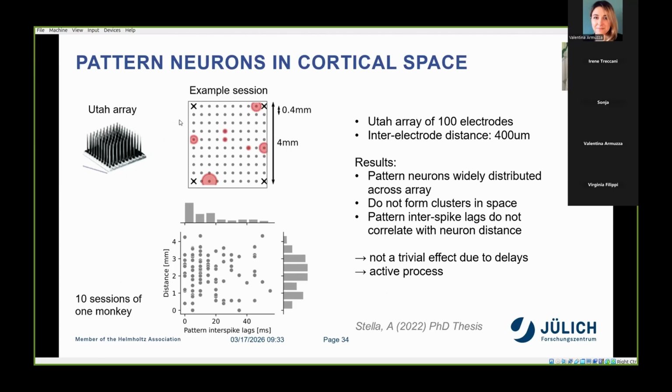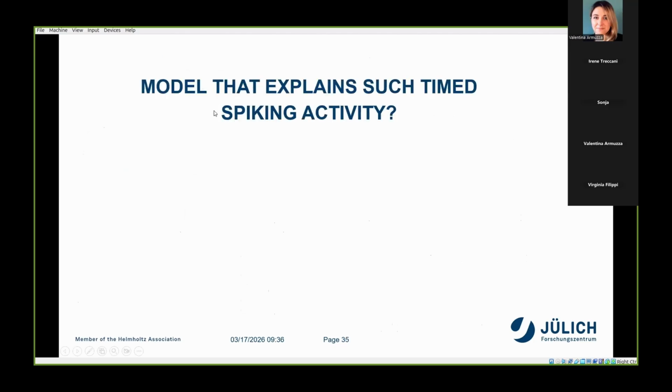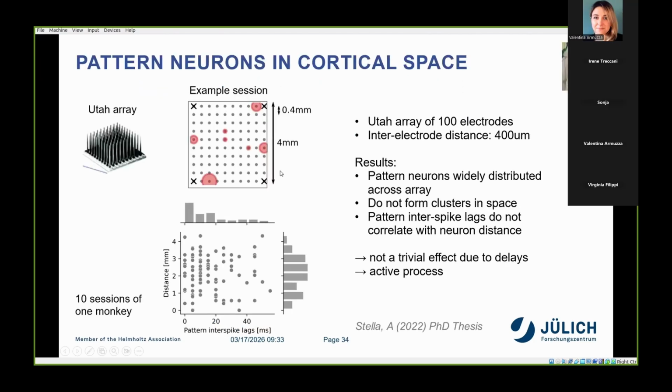Another question which some of you may also have had, we looked at this. I wanted to know, are these neurons which are involved in patterns close by? And what you see here is a Utah array, and the electrodes. The X's are not connected. And you see these reddish circles, which indicate which neurons were involved in a pattern in a session.